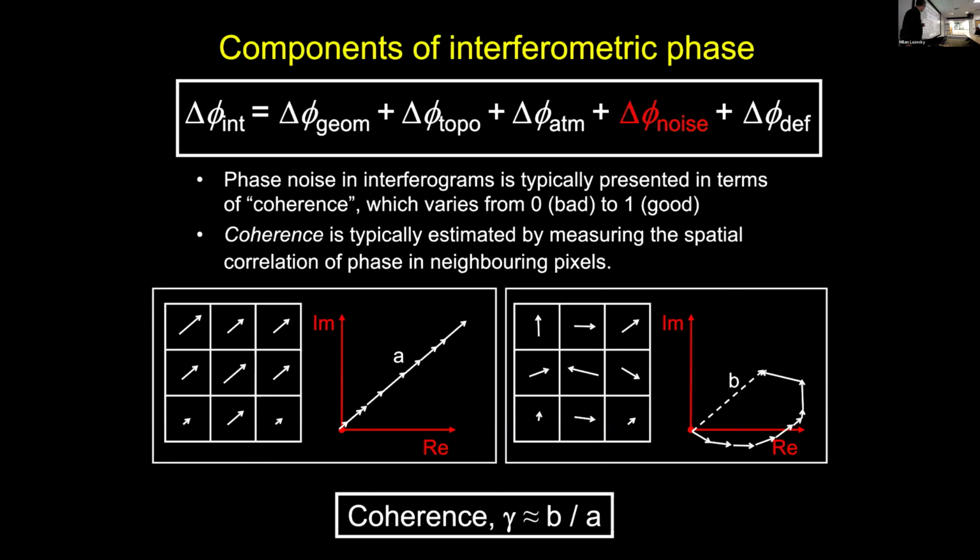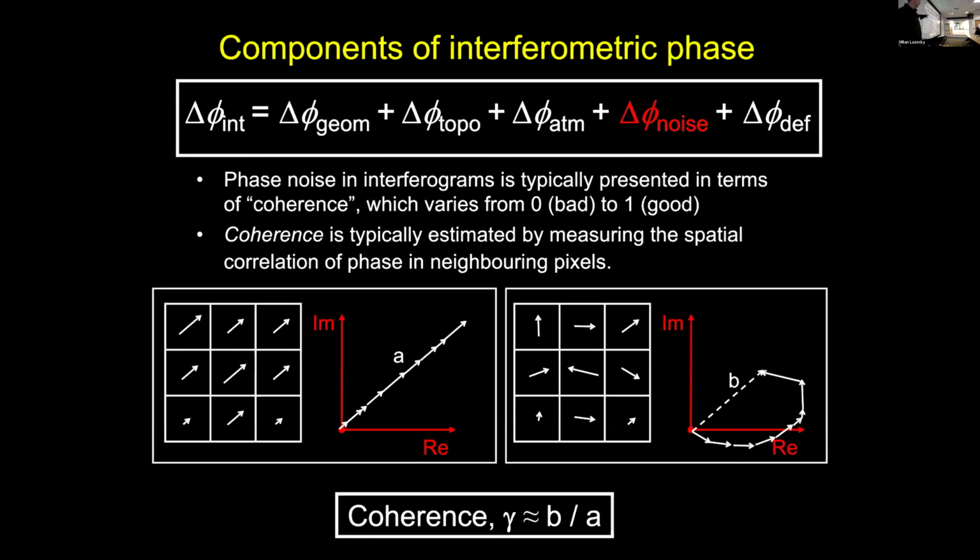It's not quite strictly true if the amplitude is varying, but it's good enough to be a useful way of thinking about the coherence. And it is true, I think, if the amplitude is the same in all the pixels. So what this is saying is, we're basically looking at this measure of phase variability.